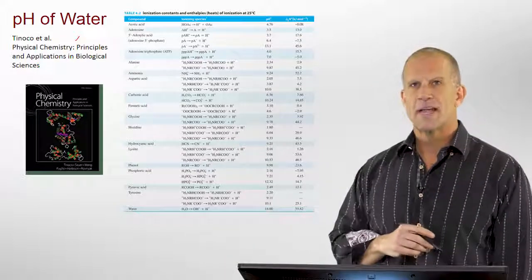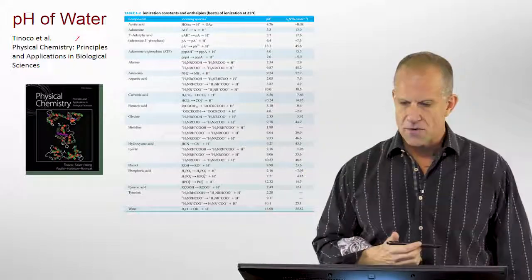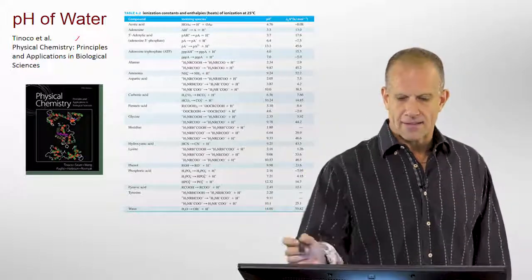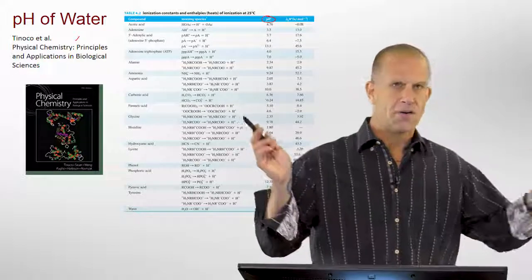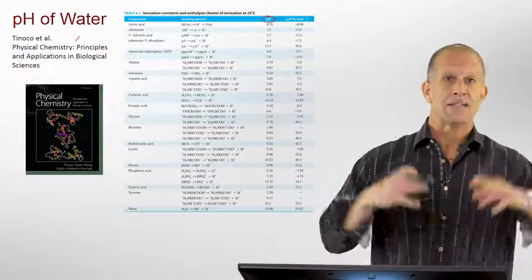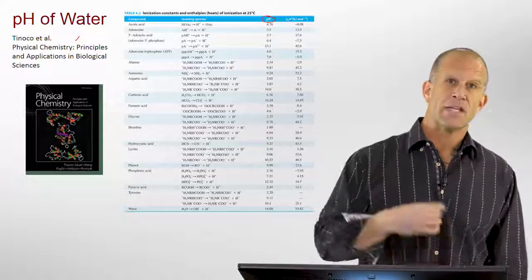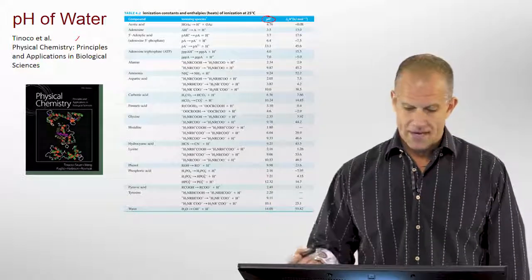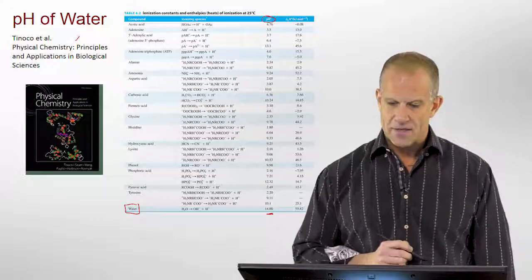So one of the tables, and this would be common in any physical chemistry book you look up anywhere, is where you often look up a series of pKa values, for example, for any acid-base equilibria, right? Like you're going to look up equilibrium constants for any type of reaction. And when you see water, you see exactly what you expect.